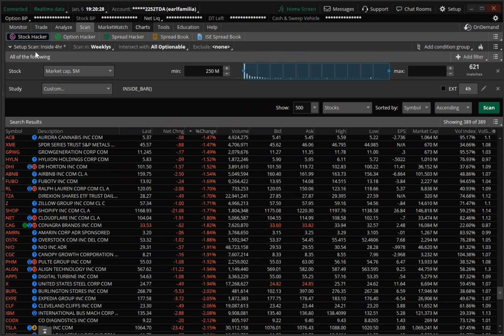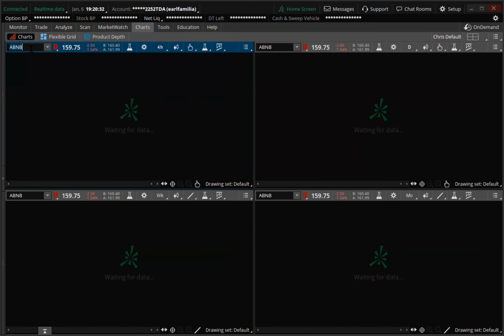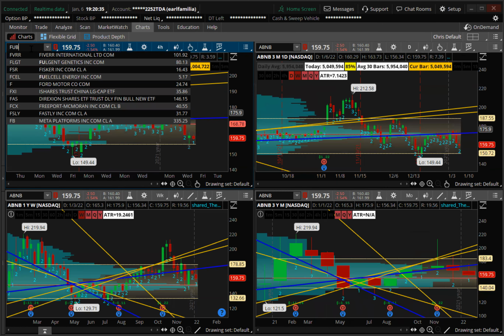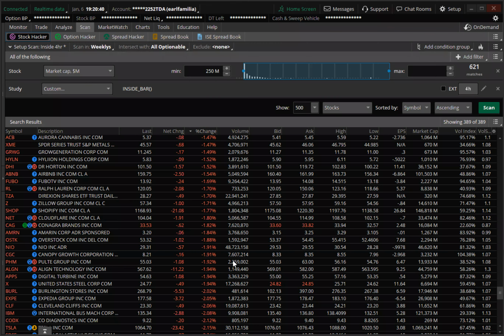Airbnb and Fubo. Downside. Fubo, 212 to the downside. These all look like downside setups.